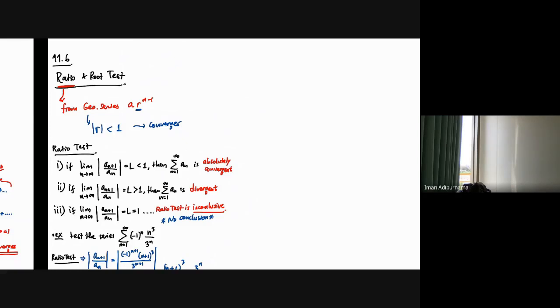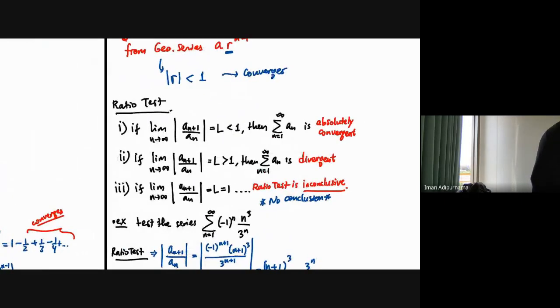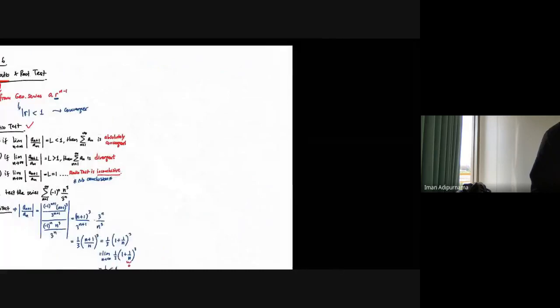So probably we'll start from here. The ratio test and root test. So we already have this ratio test. The other test in 11.6 that is quite similar is called the root test.